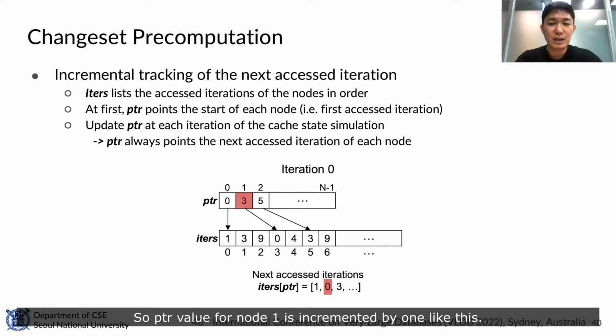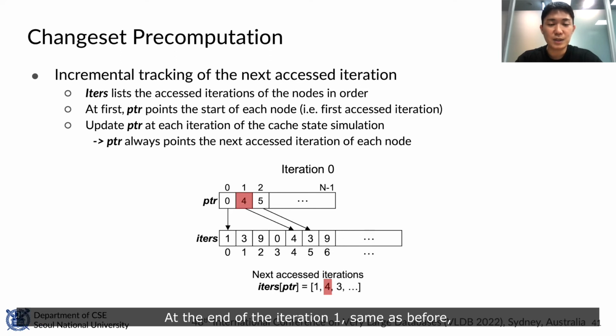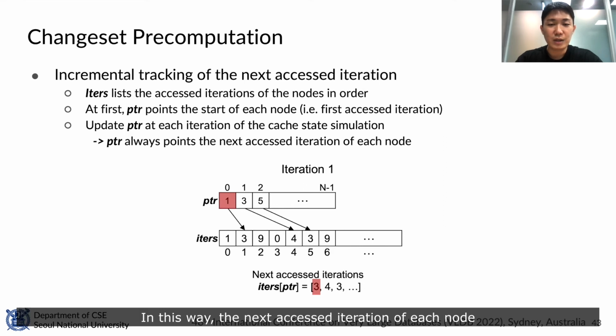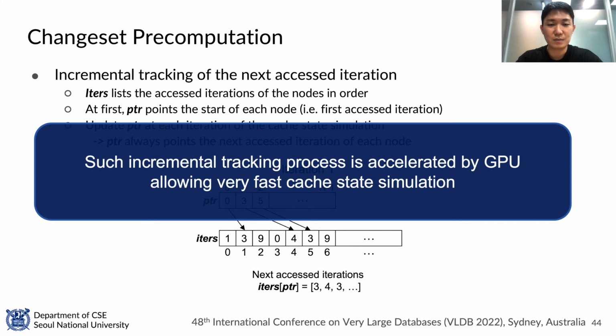So, the PTR value for node 1 is incremented by 1, like this. At the end of iteration 1, same as before, the PTR value for node 0 is incremented by 1. In this way, the next access iteration of each node can be easily accessed by looking up Ind with PTR values. Such incremental tracking process is accelerated by GPUs and it allows very fast cache state simulation.